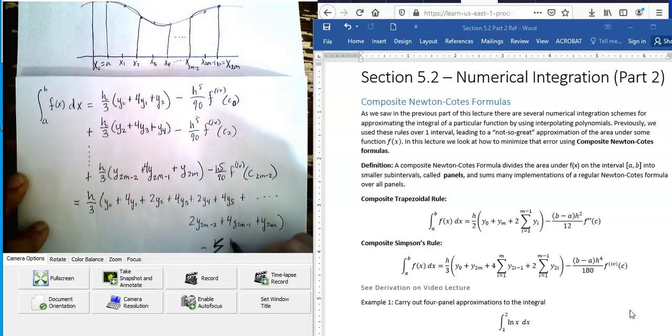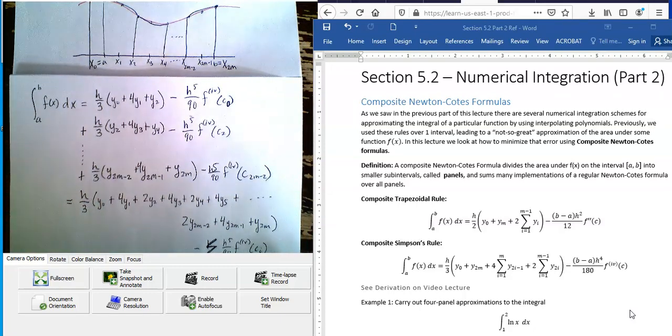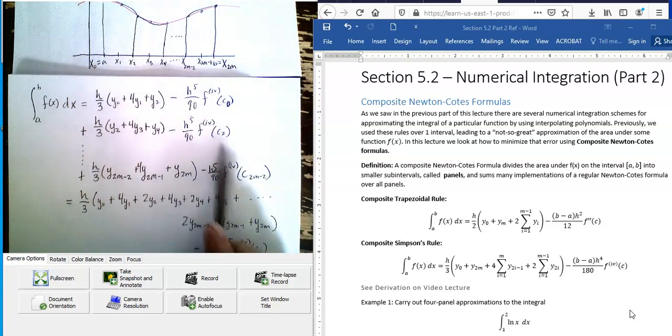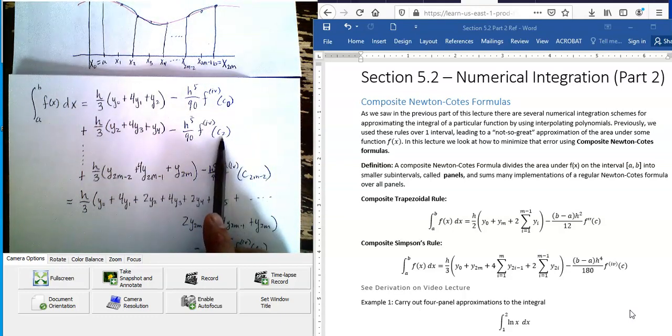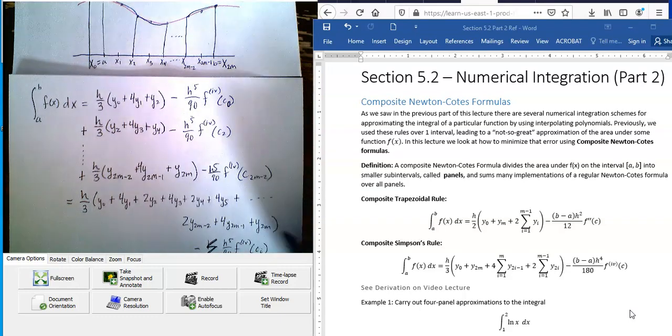So that would be h to the 5th over 90, f quadruple prime of c sub i, and if we notice here, these c's have subscripts that go up by 2 every time, so it's an even number.